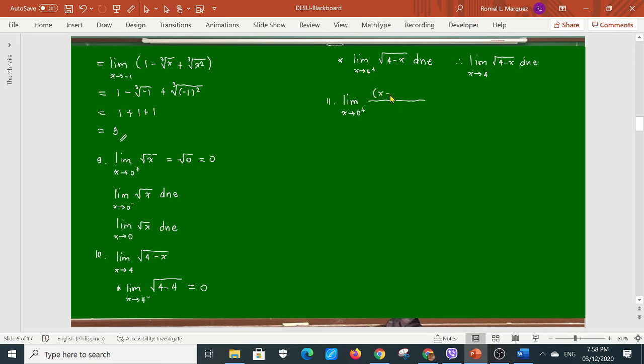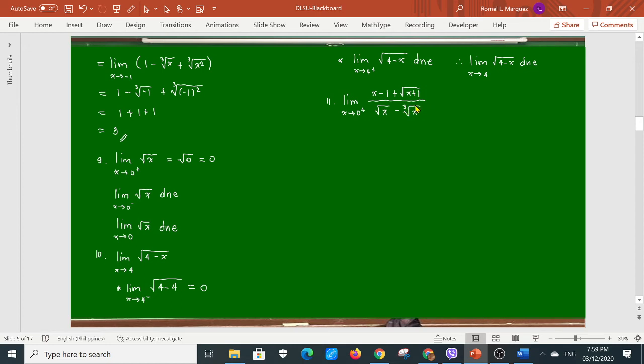So x minus 1, ay wala palang parenthesis. X minus 1 plus square root of x plus 1, I mean, over square root of x minus cube root of x. Yan. Okay, guys?